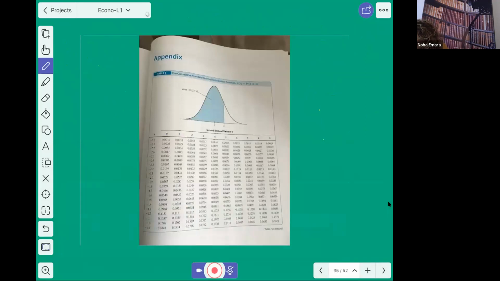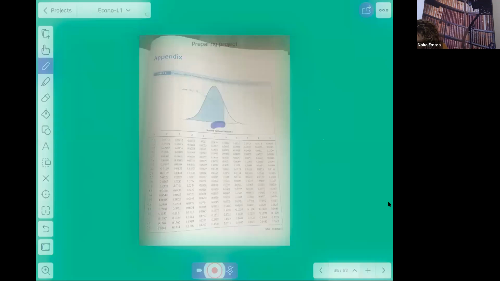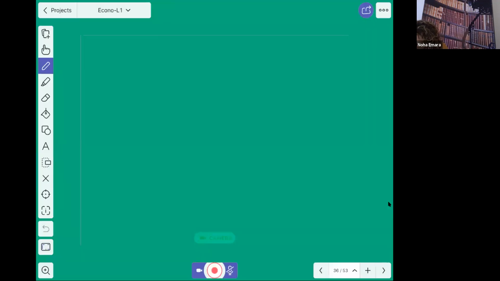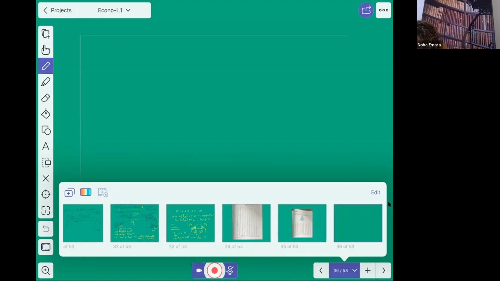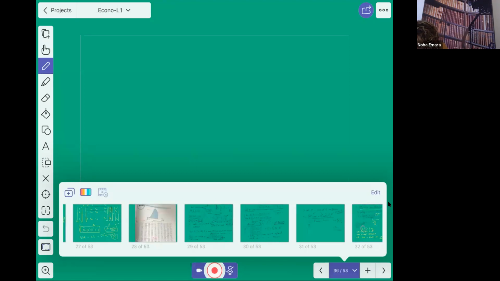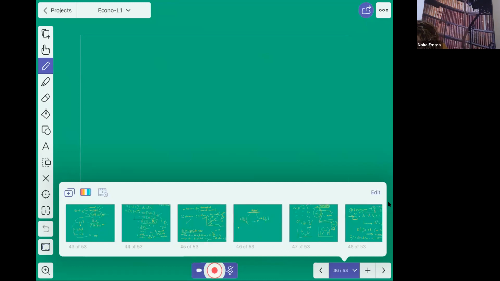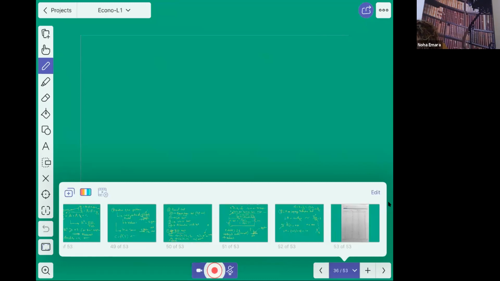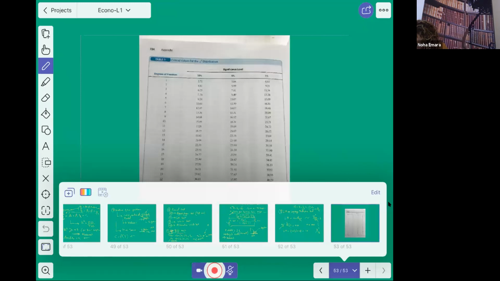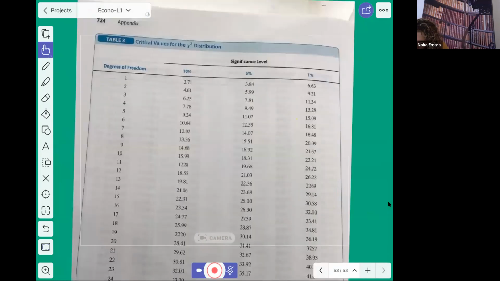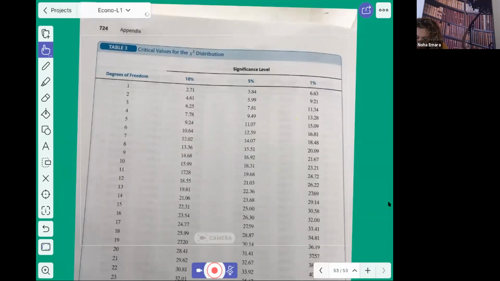Wait, I had the chi-square somewhere. No, I don't. Oh, right here. So I want you to check this chi-square in page 724, table 3, the chi-square table.